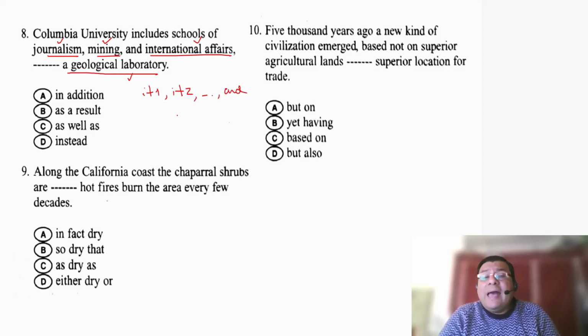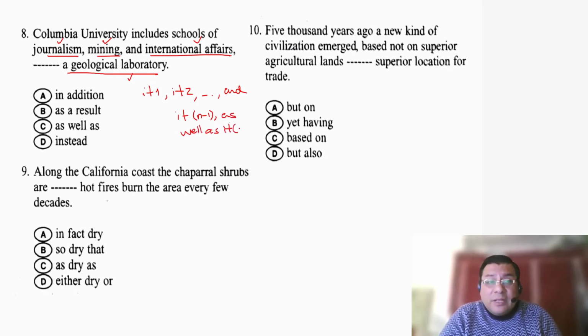And if we use "and" to indicate the penultimate item in a list, we need to use "as well as" to indicate the last item in such a list. So the correct answer choice is option C, "as well as." If "as well as" were not present, then "and" would mark the last item of the list.